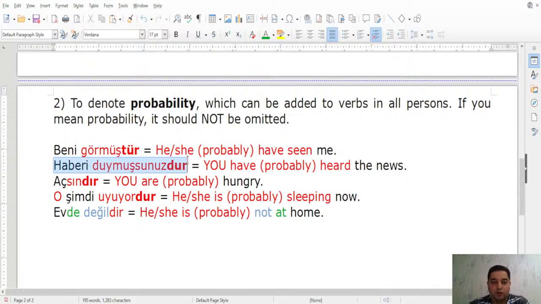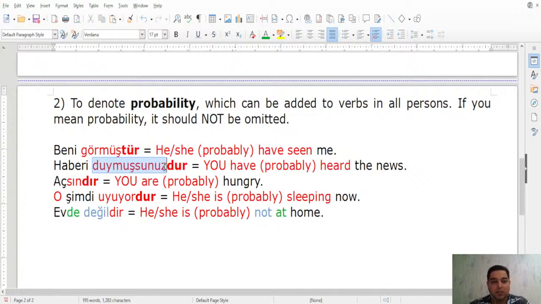Second example: haberi duymuşsunuzdur. Again, haberi is the accusative case, right? The news, specific news. We specify it, and it's the direct object. So haberi duymuşsunuzdur. You have probably heard the news. Duymak is to hear. Duymuş is the reported past tense.